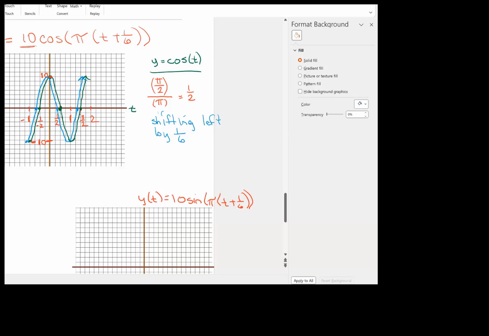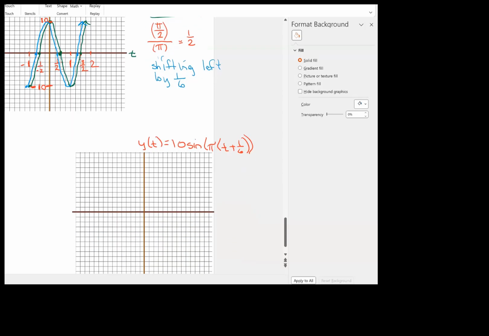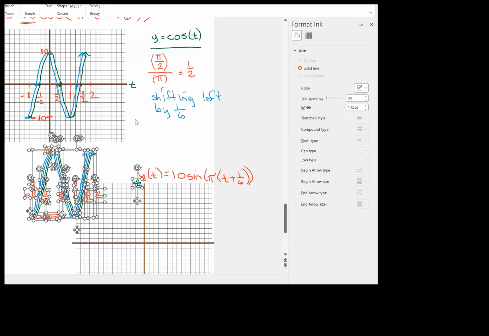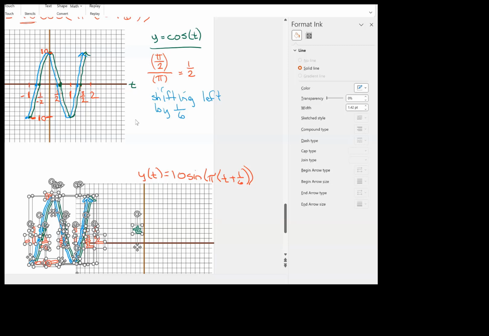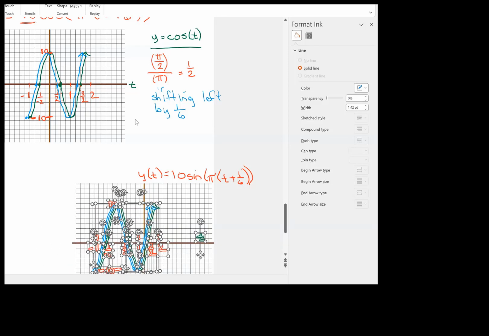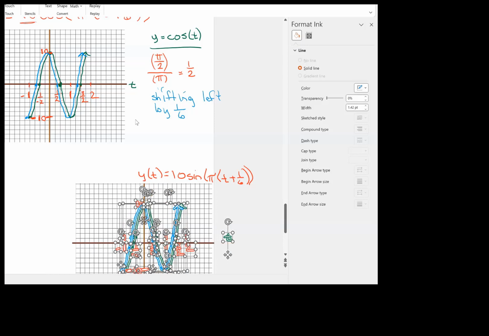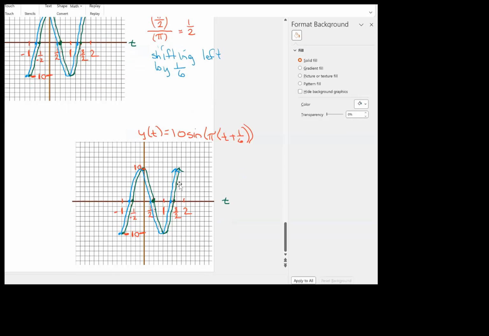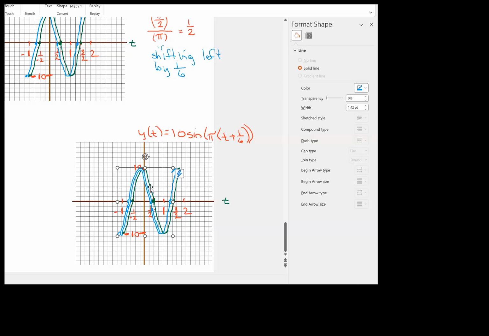Now, we're going to do the same thing for sine. And I think what I'm going to do is just really copy this. Because really everything is going to stay the same except for one thing. So if you can guess. The sine graph looks a little bit different than the cosine graph, but that's all. What I want to do is grab my blue graph and my green graph.